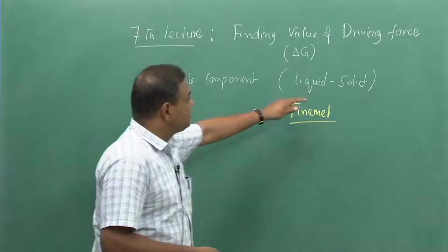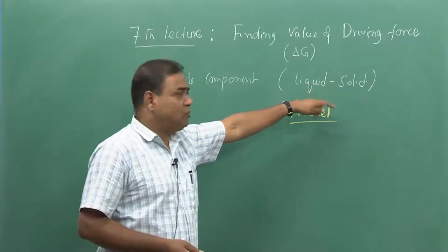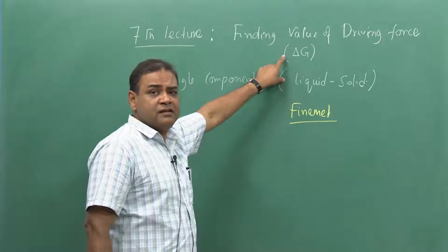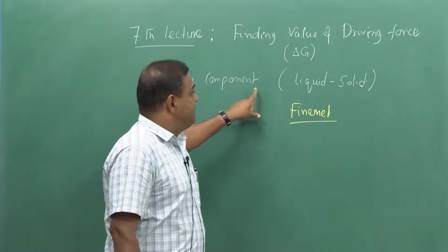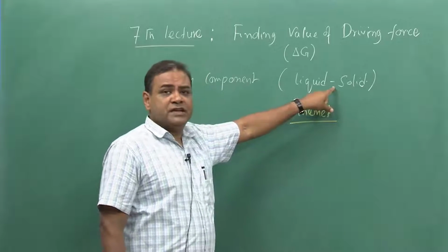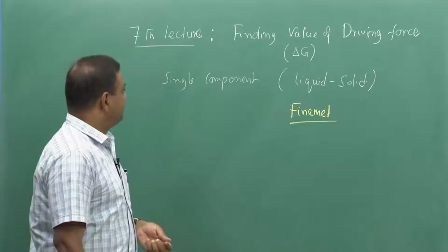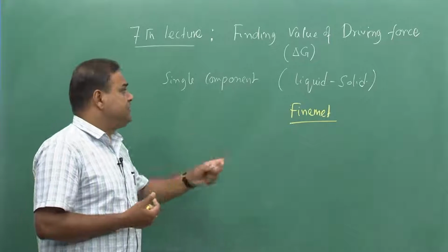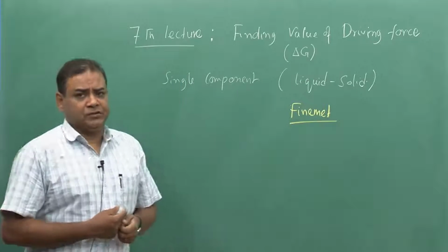So, from an engineering perspective, this transformation is very critical. One, it gives a simple expression for del G for a single component system, and also it has engineering importance, and later we will see that heat treatment plays a huge role in this transformation.